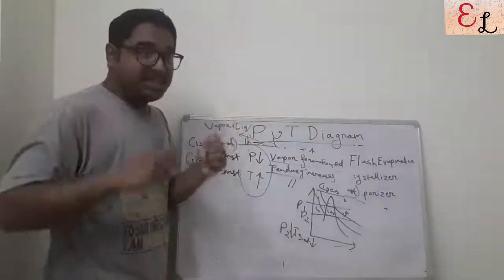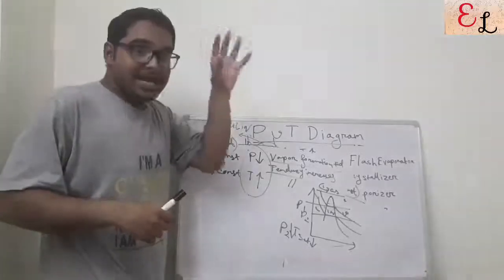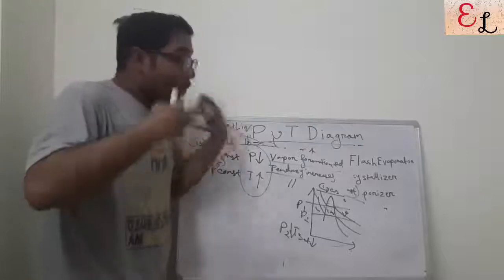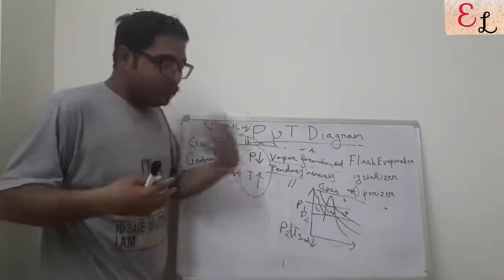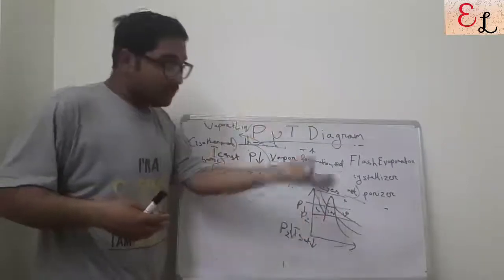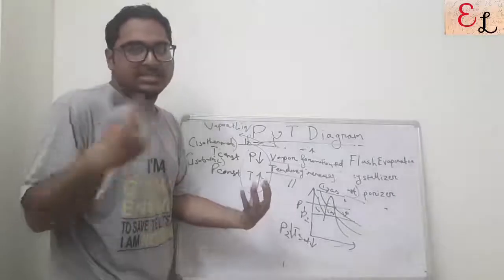If you go to hilly regions, a pressure cooker is used to cook rice because the pressure in hilly regions is lower. So you need to cook at high pressure so that the water takes a greater time to boil off. At 1 atmospheric pressure, water will boil at 100 degrees Celsius. But at 0.5 atmospheric pressure, the water will start boiling at 80 or 70 degrees Celsius.